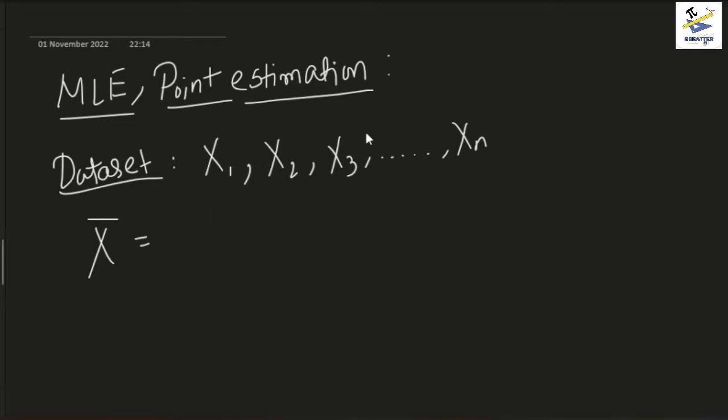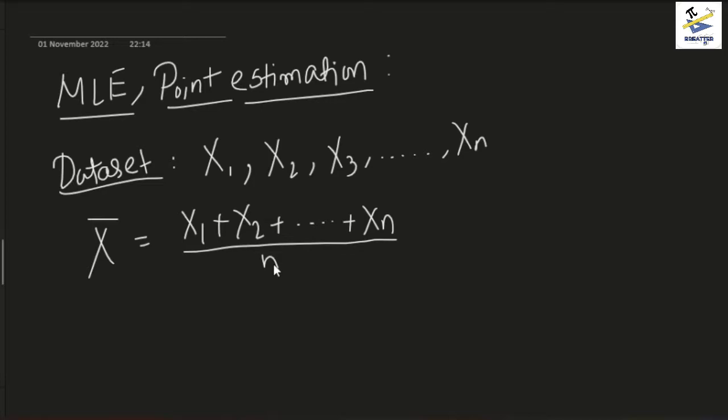But anyway, they are members of the population and they represent a sample of the population, right? Our target is to understand the features of the population given this sample. So firstly, the sample mean is this.